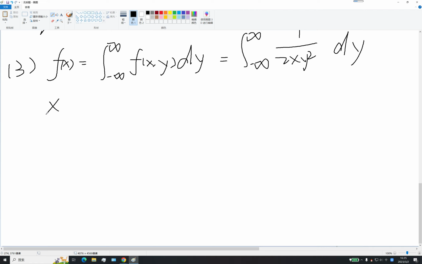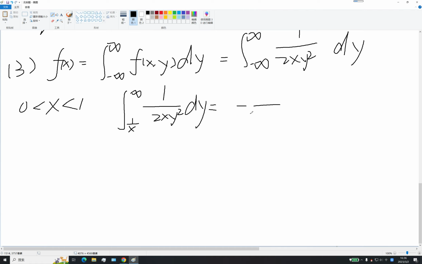So x larger than 0, smaller than 1, the y is larger than 1 over x and smaller than infinity. So this is from 1 over x to infinity, and the answer is 1 over 2.